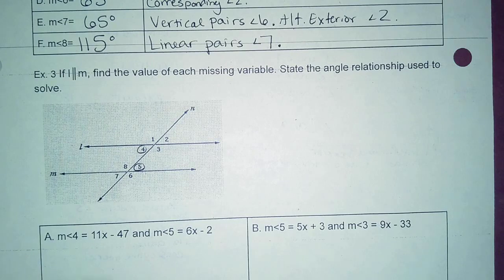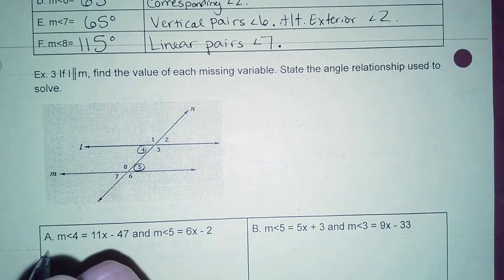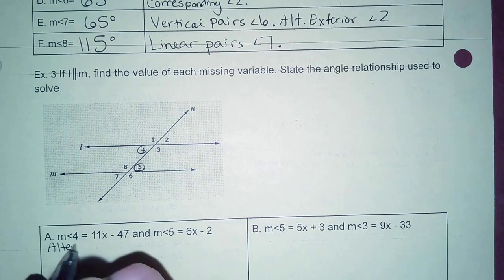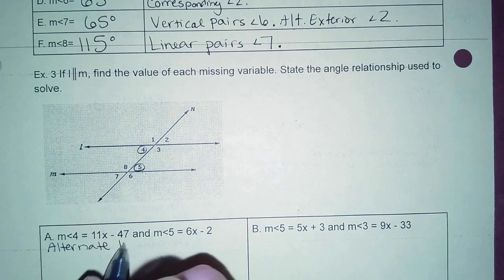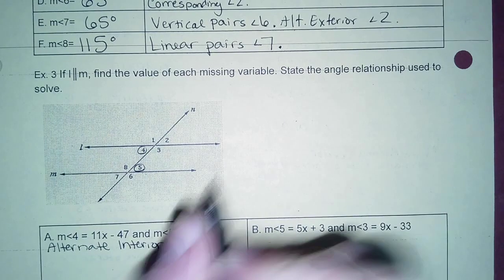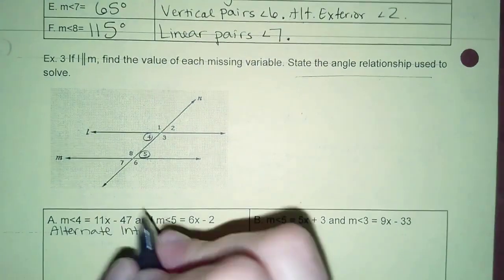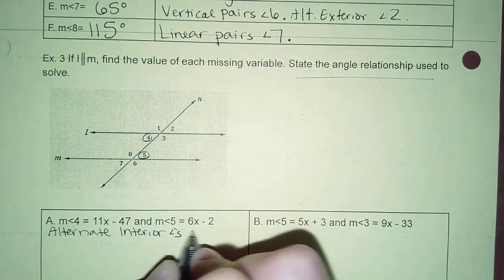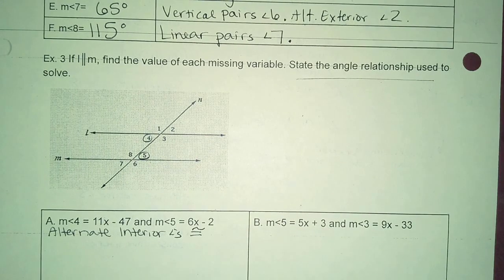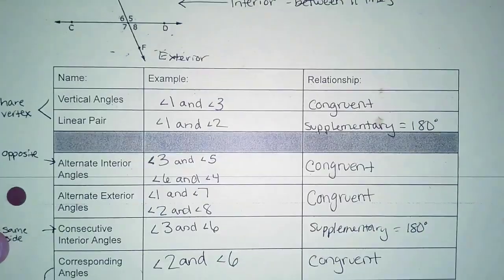I needed to state the relationship. You have to do that on your test as well. Those angles should be congruent. Alternate interior angles are congruent. If you ever forget, you have this whole side that you could go back and look at.